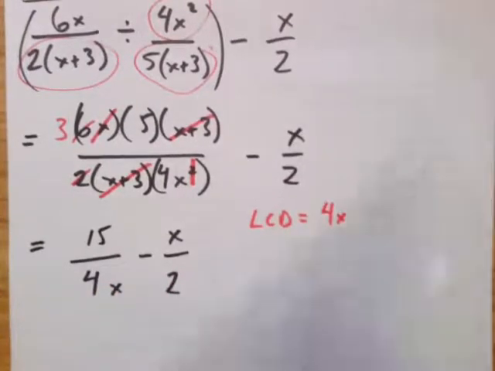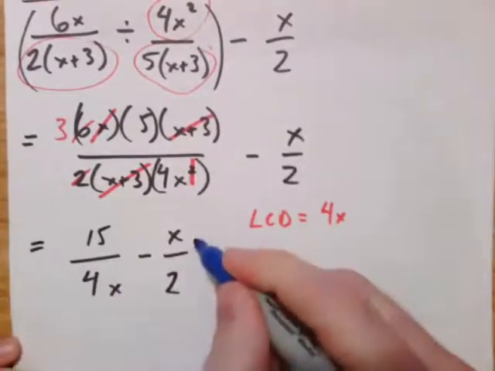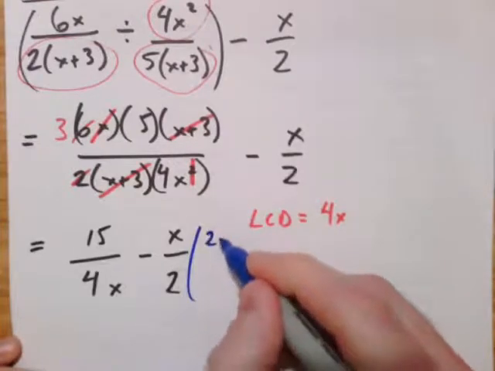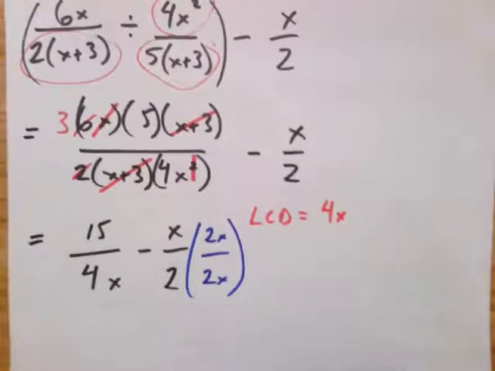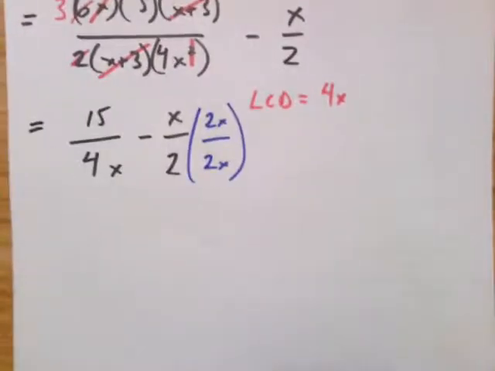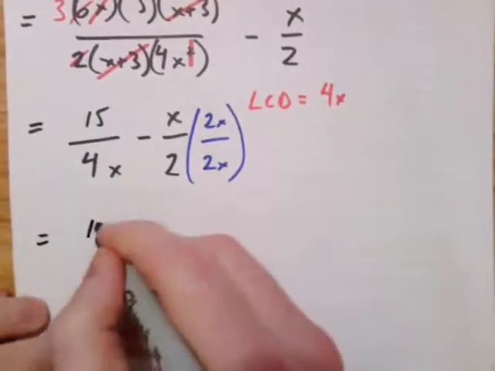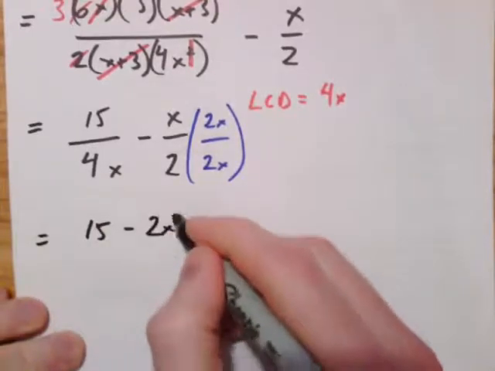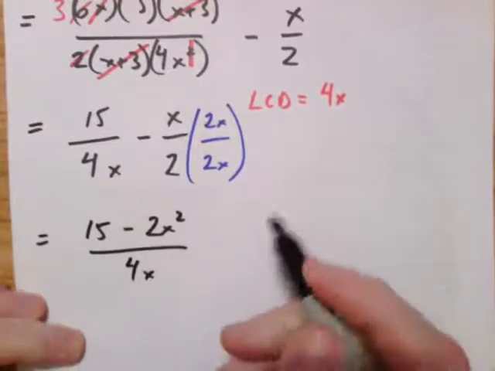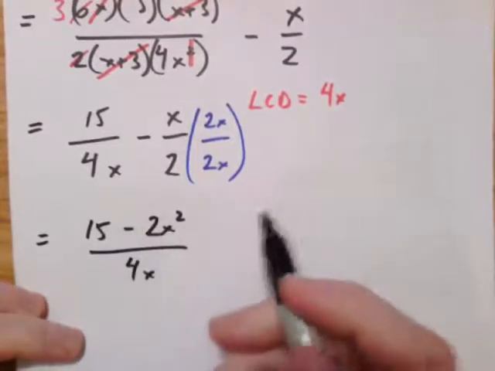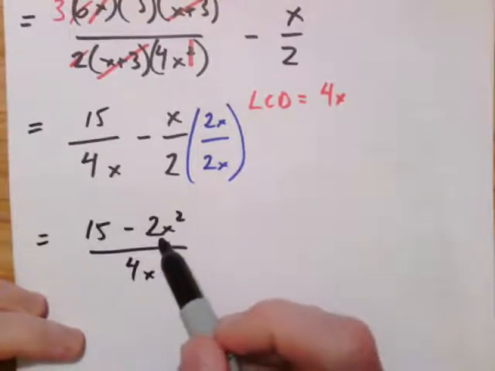This side, we're going to multiply it by 2x over 2x, because that'll make it 4x on the bottom. So 15 minus 2x squared over 4x. 15 minus 2x squared. That's just gross looking.